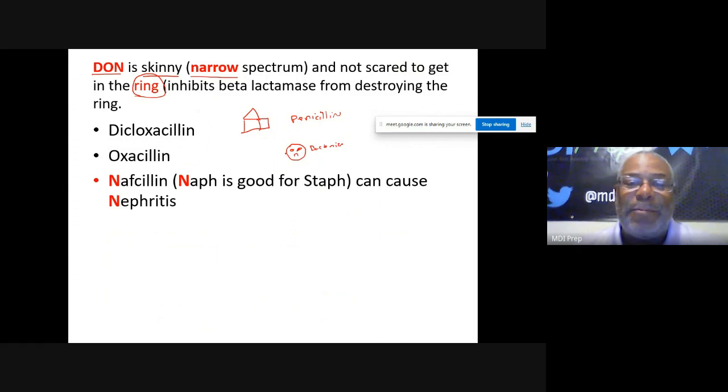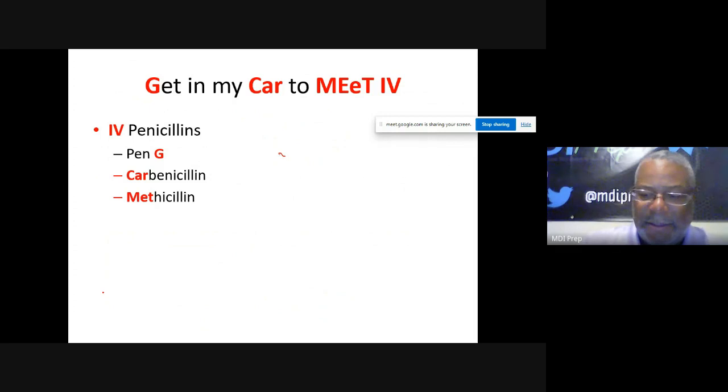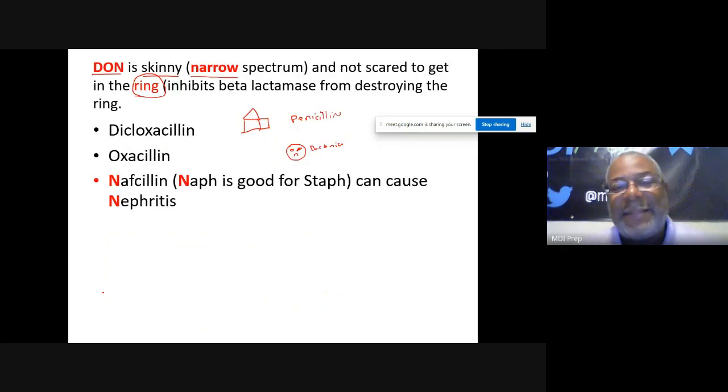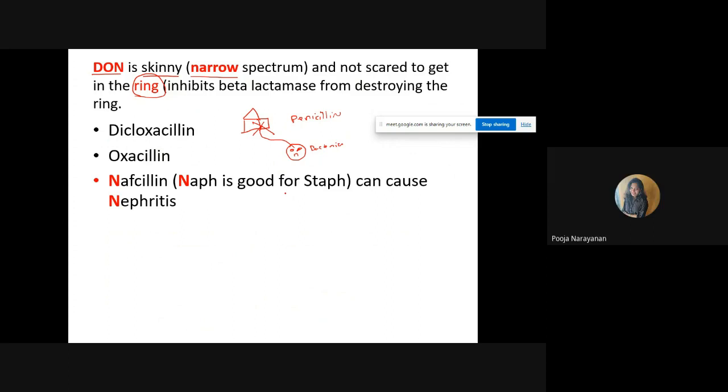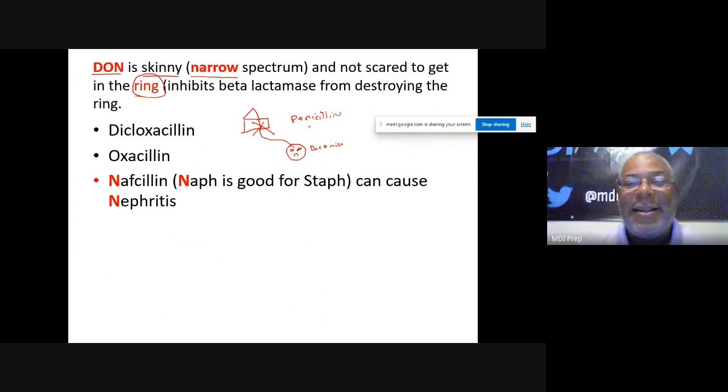But now this bacteria has gotten smart. Hold on, let me go back. And now this bacteria can go over here and it can target this beta-lactam ring. So it can become resistant to the penicillin. Do you understand that so far? Yes. Okay. So penicillin says, wait a minute, if that's the case, I need to combine.